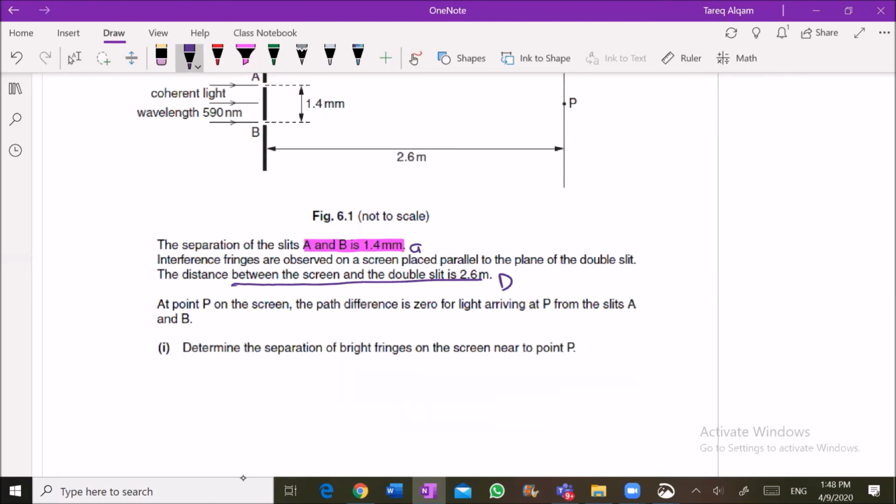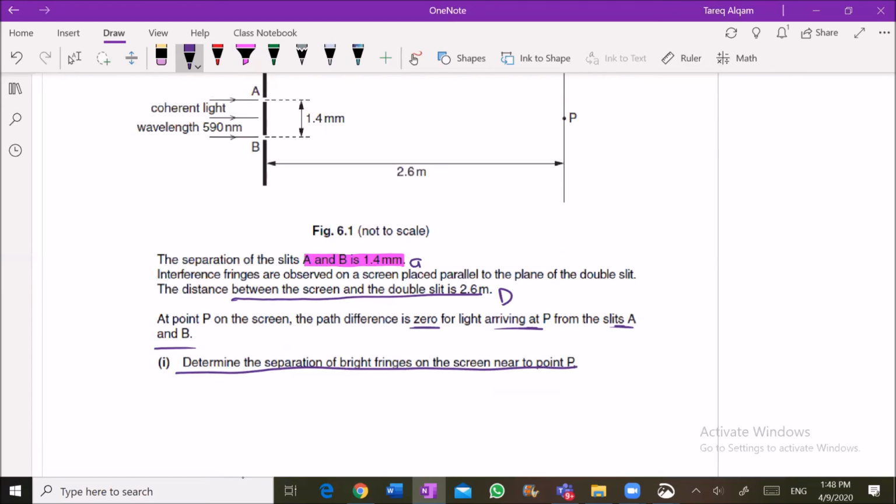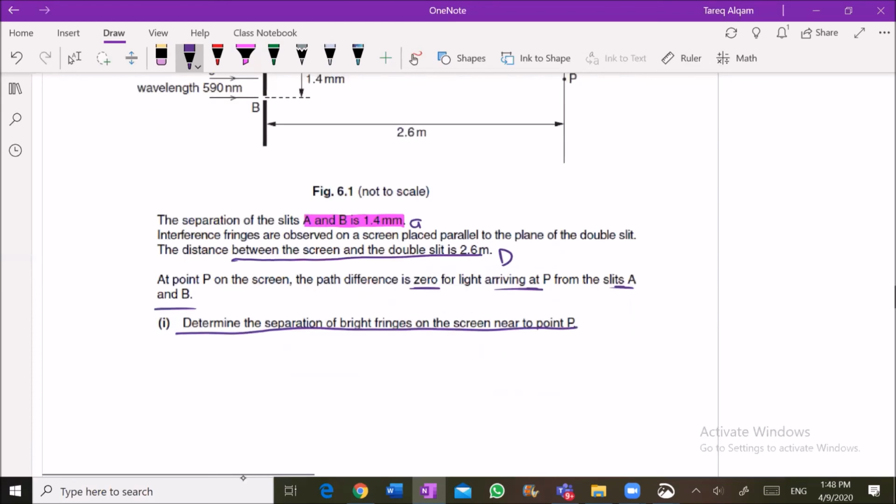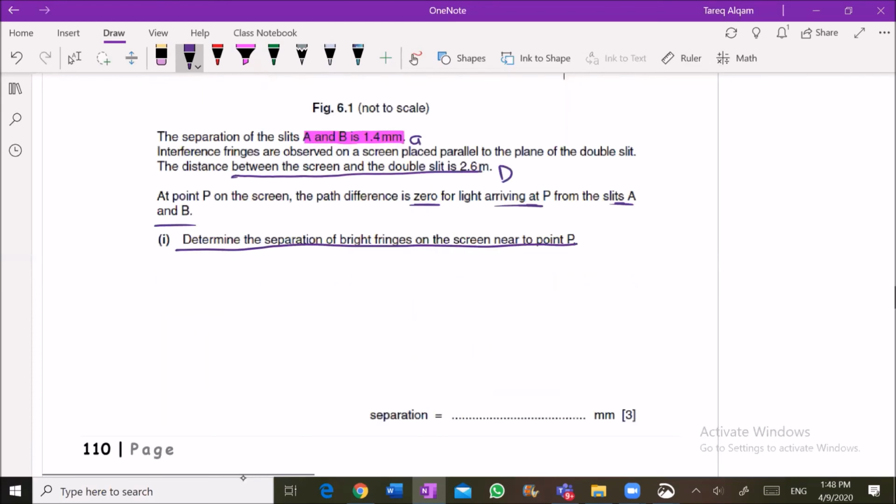At point B, the path difference is 0, so at B the waves from slits A and B meet. Determine the separation of the bright fringes near B. Okay, so we need x = λD over a.